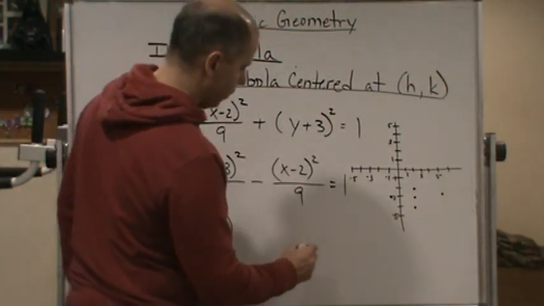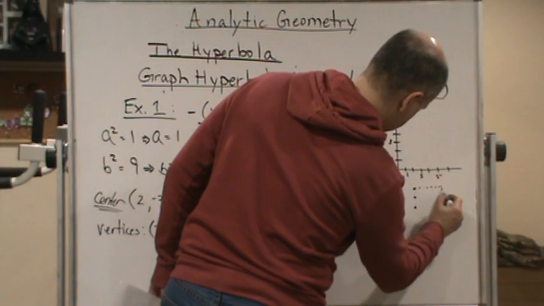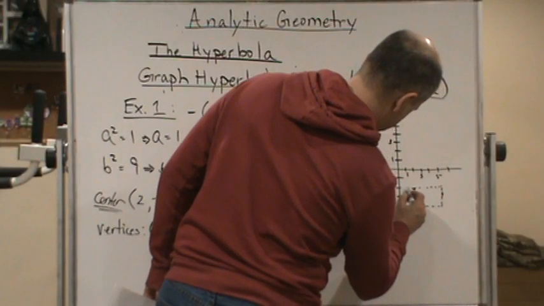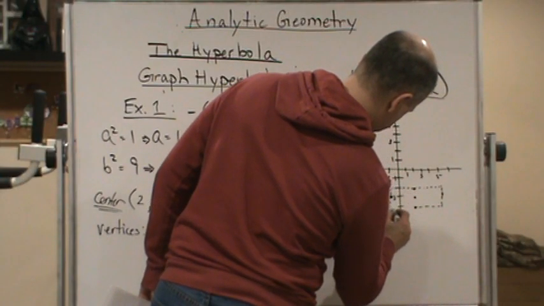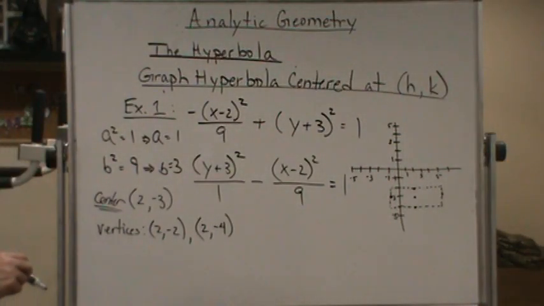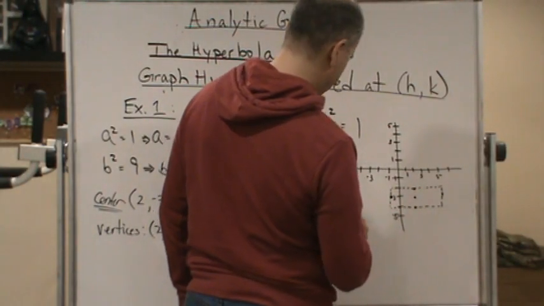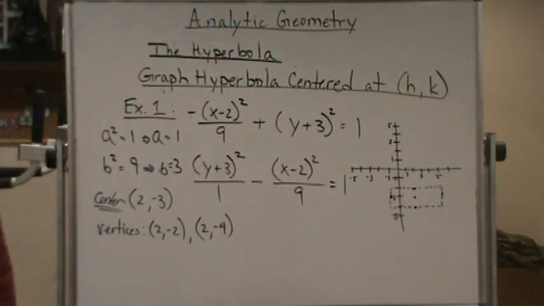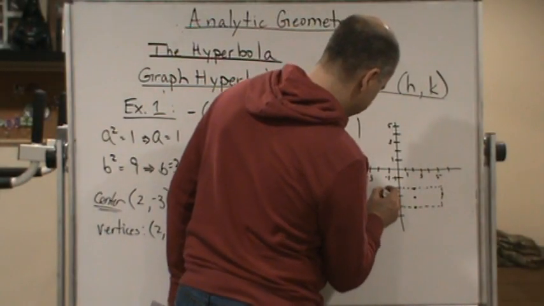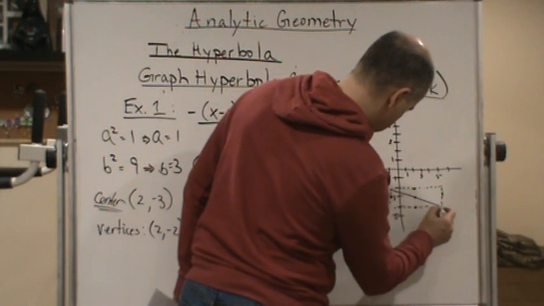Okay, and so if we draw the box, like so. Now remember, the asymptotes are going to go through the diagonals, right? So we can see that if we want to sketch the graph, we could just go this way.